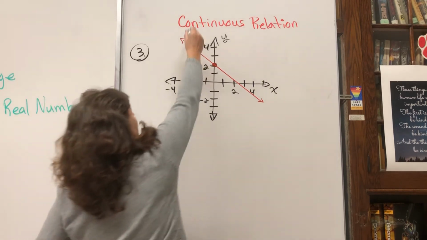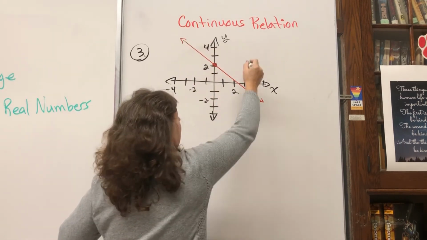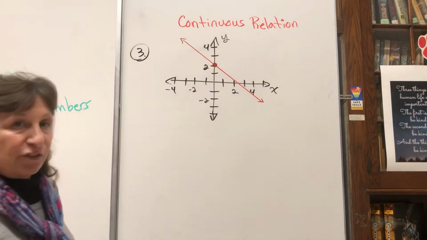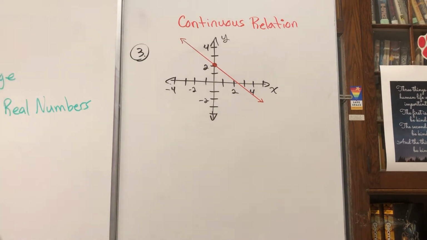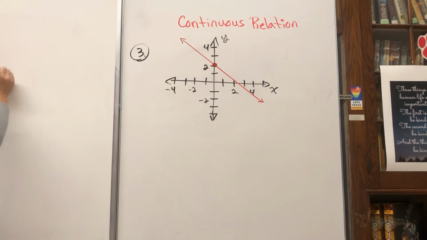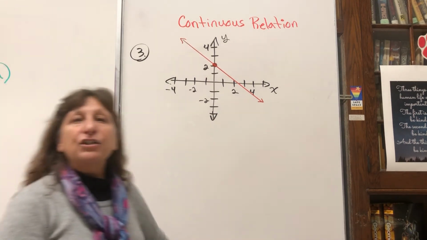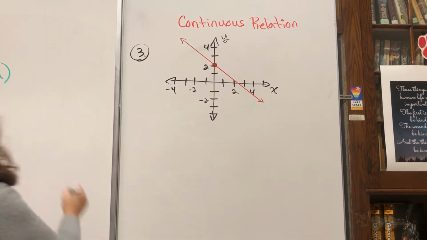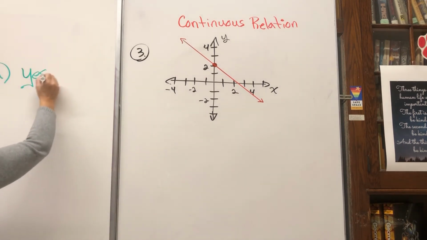Any vertical line that I draw through this line is only going to intersect that line in one point. So I'm going to start with part A. And part A, is this relation a function? And the answer is going to be yes, it is a function.